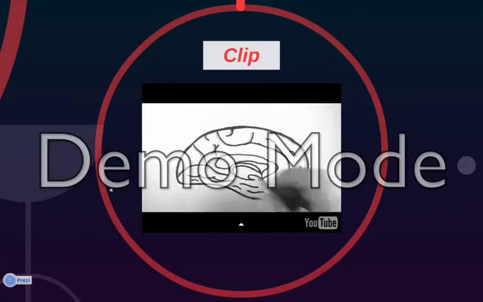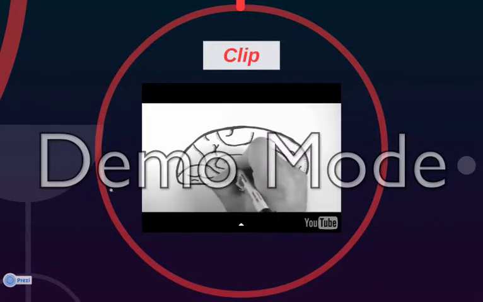But first I'll start off by labeling the third ventricle here in the center. And here is a large white matter tract that connects the two hemispheres of the brain known as the corpus callosum.